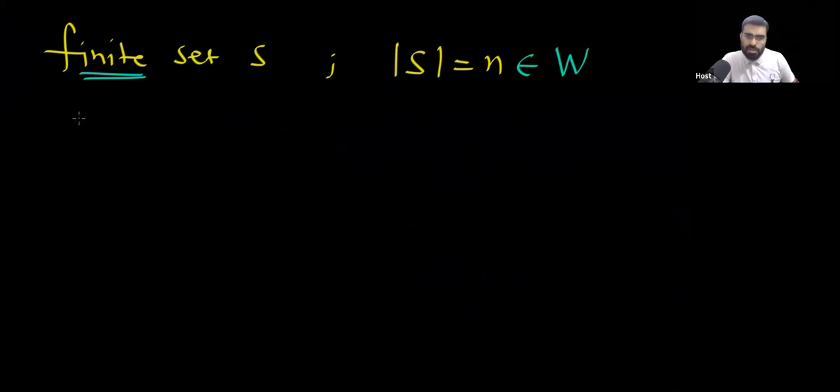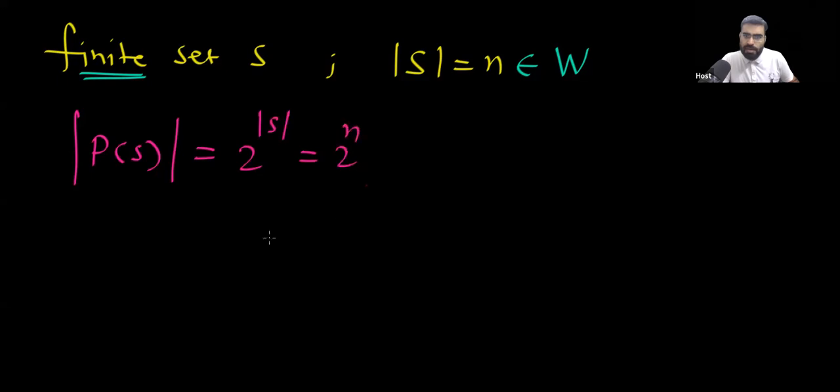Now you can easily notice the cardinality of PS will be 2 power cardinality of S, that is 2 power n, and that is greater than n for all n belonging to whole numbers, right? Yes or no? So that's the point.